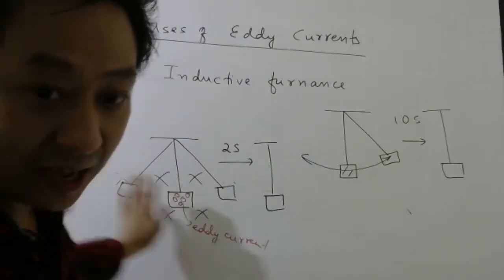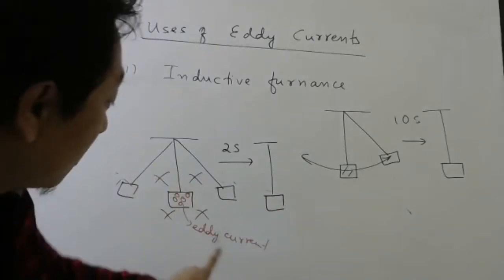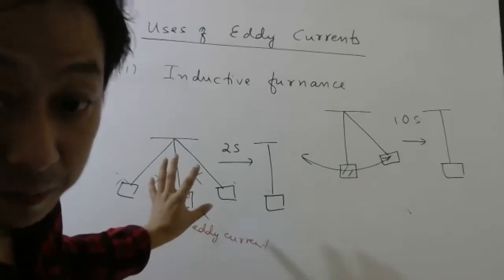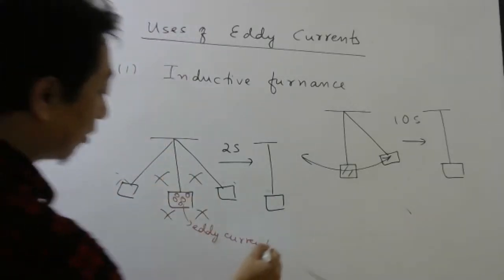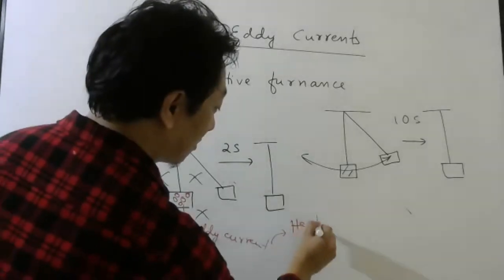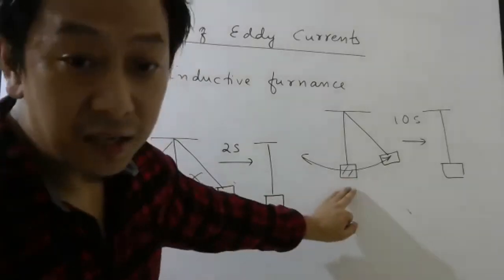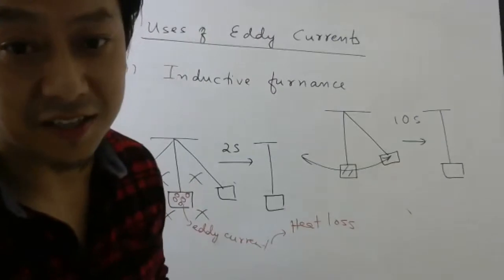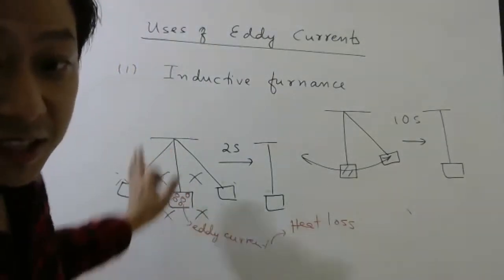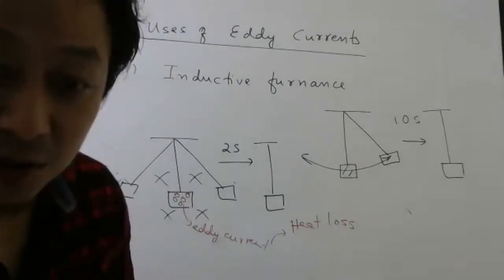As it sees changes in magnetic field, EMF will be produced, eddy currents will be produced in the bulk of the material, and once eddy currents are produced, it will always result in heat loss. Understood? So here the energy of the pendulum was given only to air resistance. But here, besides air resistance, there will also be heat loss. Very good.